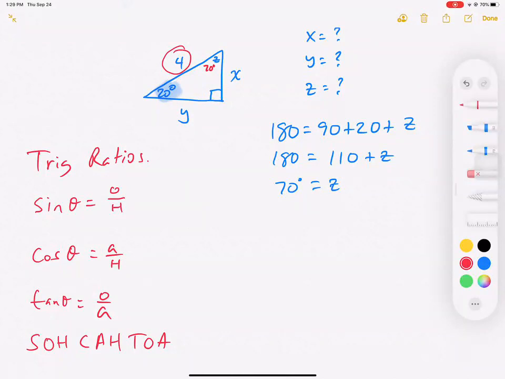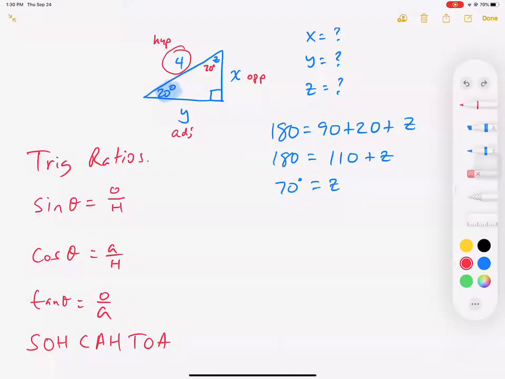Once you get used to it, you don't have to label it anymore, but we're going to do that by labeling first. So y is adjacent to the 20. X is my opposite side to my 20. And 4 is my hypotenuse. Please make sure you are clear with those 3 sides, because we need those 3 sides to fit one of these ratios here.